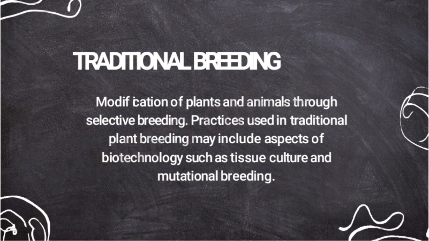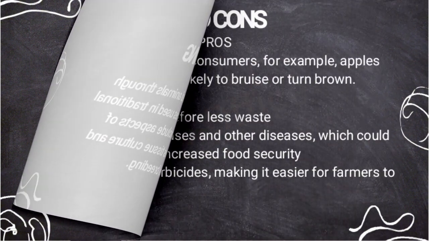Traditional breeding involves selecting and mating plants or animals with desirable traits to pass those traits to the next generation, a method used for centuries in agriculture to improve crops and livestock. Examples include crossing different varieties of plants to enhance disease resistance, increase yield, or improve taste. In livestock, breeding is done to achieve traits like better meat quality or increased milk production.